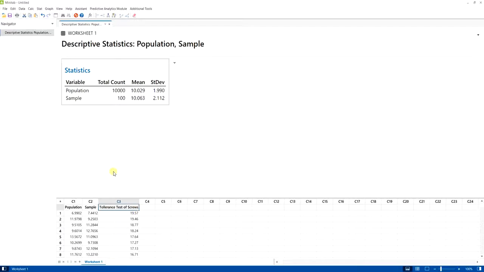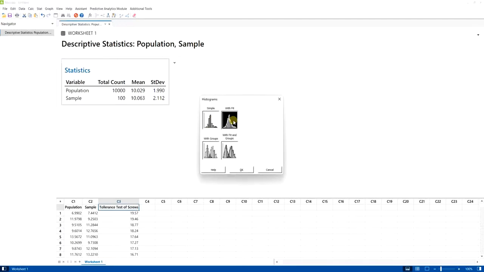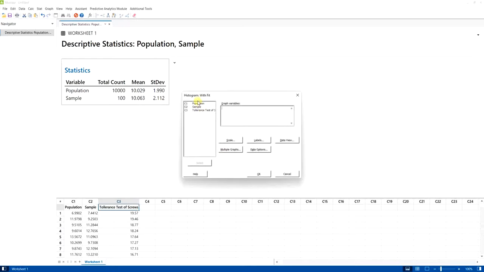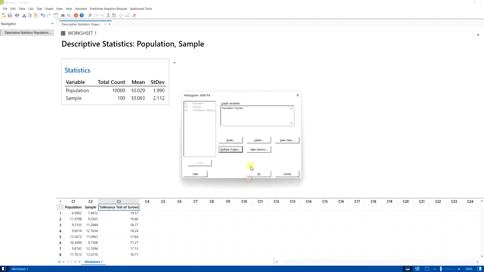Okay, before that I wanted to show you something else. Let's go to Graph and Histogram with Fit. I want to see population and sample both, and I want to see this distribution. I don't want any bars or anything. Data display, we don't need anything, and multiple graphs overlay on the same graph. So we will see both data sets.